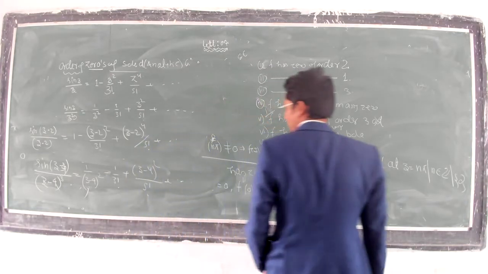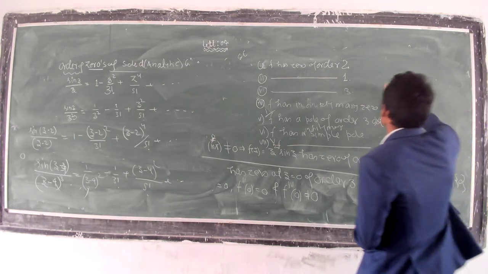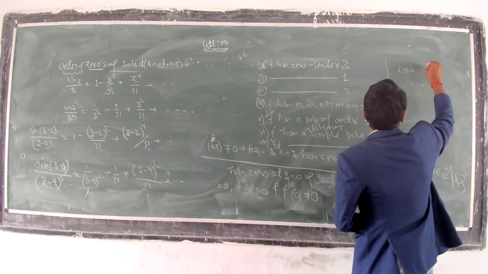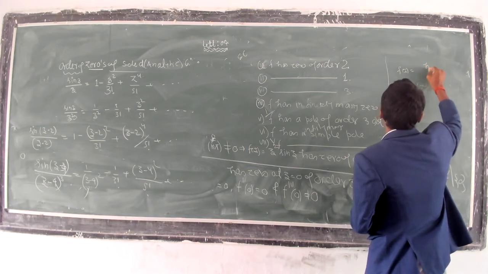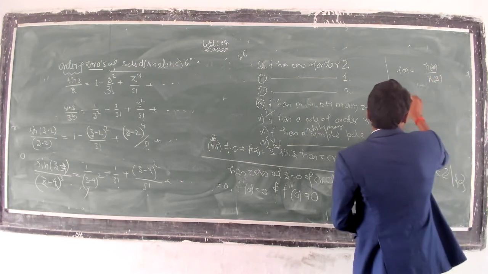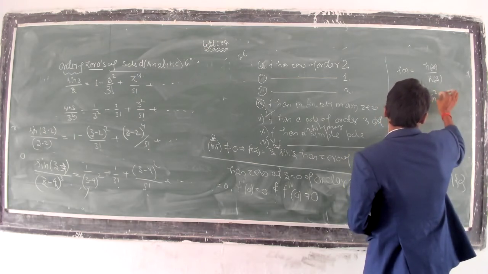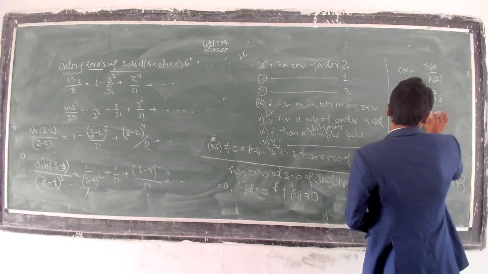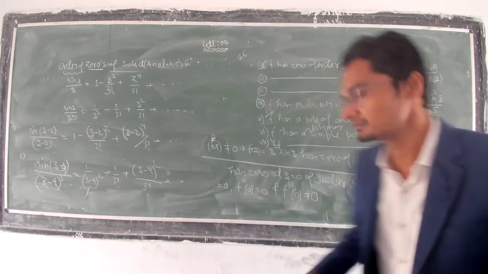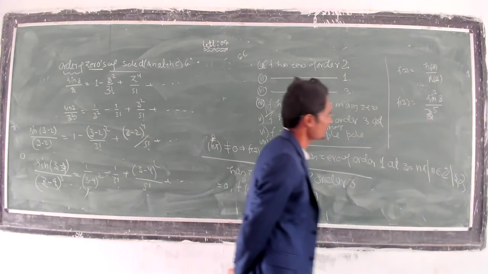So what is your answer here? This is a function f of z equal to sin square z over z power 5.